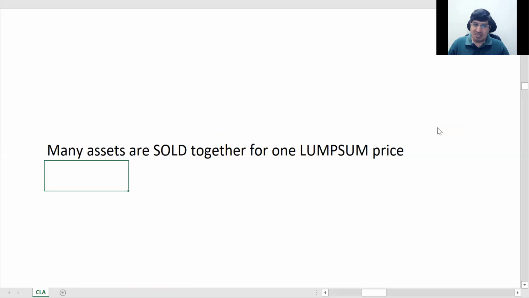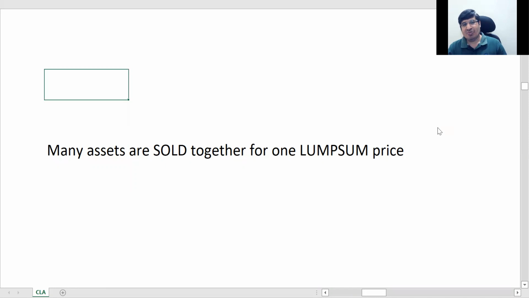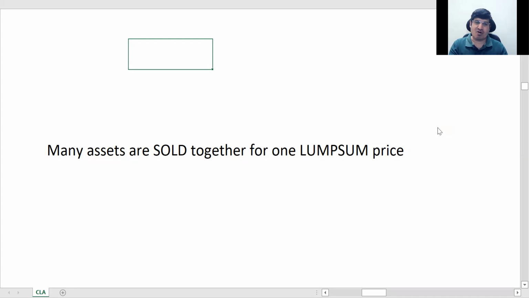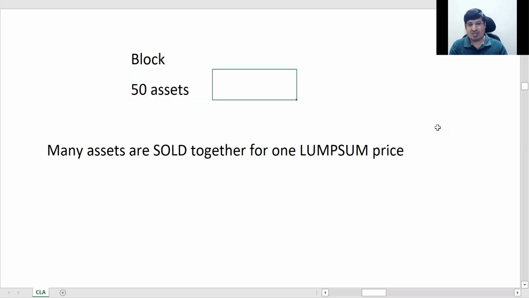ठीक है, so इसमें बस problem क्या होता है? Like you would be understanding, normally when assets are sold we know, है ना, ये asset बिका है and all that. In slump sale problem ये हो जाता है कि say I have one block, okay, with 50 assets. ठीक है, इसका WDV let me say is 5 crore, whatever.